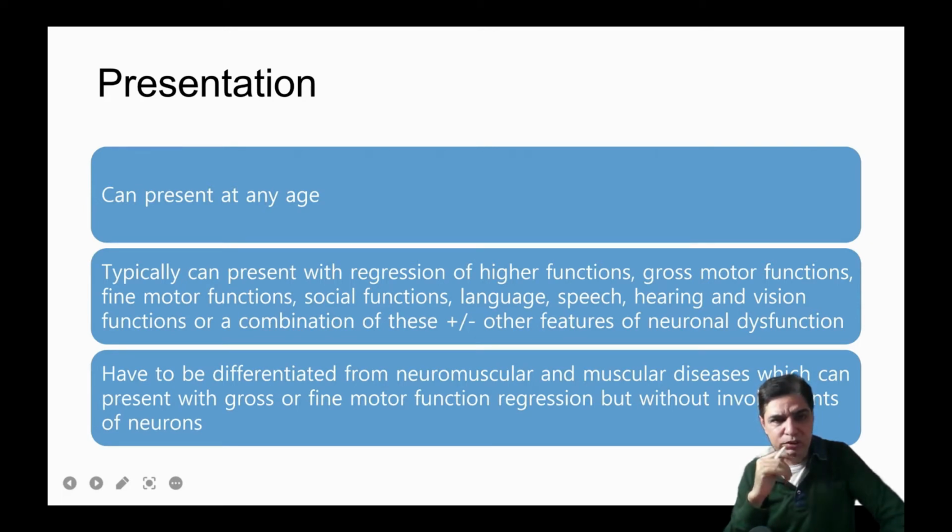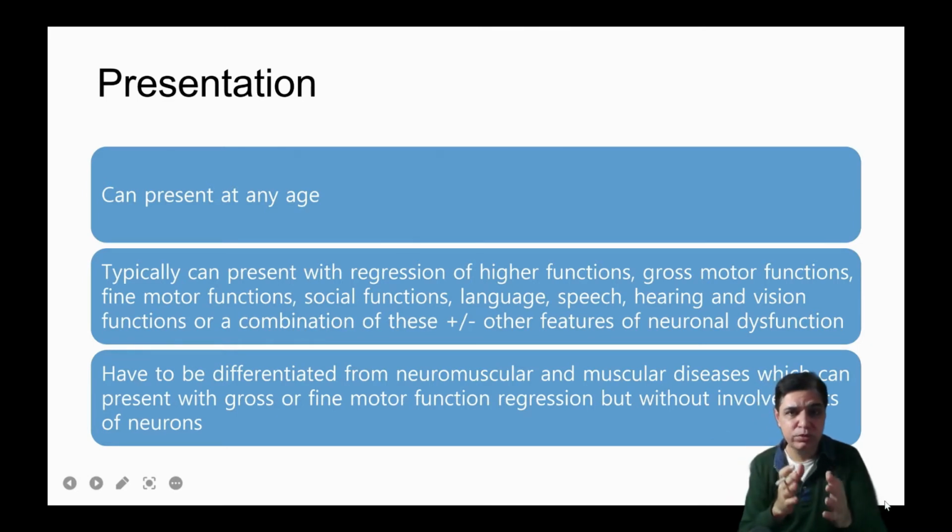Leukodystrophies would present somewhere between 2 and 5 years of age. Wilson disease, or subacute sclerosing panencephalitis, which is a complication of early measles, usually presents between 10 and 15 years of age. So there are various age groups at which some of these disorders can present. But as I told you, they can present at any age.